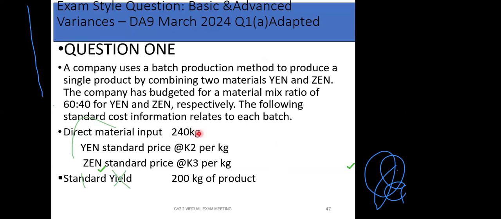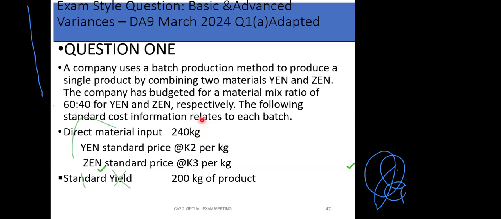It will incorporate basic variances, advanced variances, planning, materials mix and materials yield variances, planning and operational variances. It was actually question 1, and it should have been compulsory.